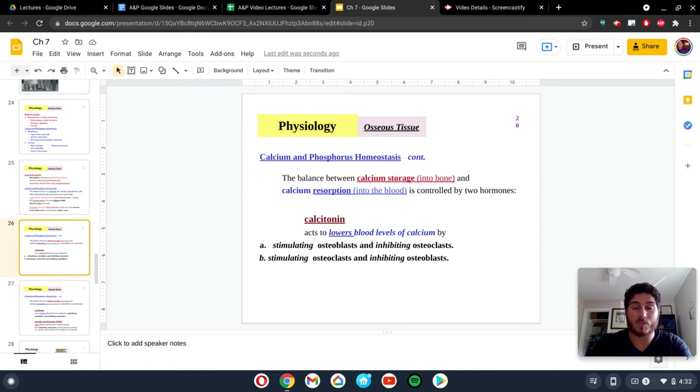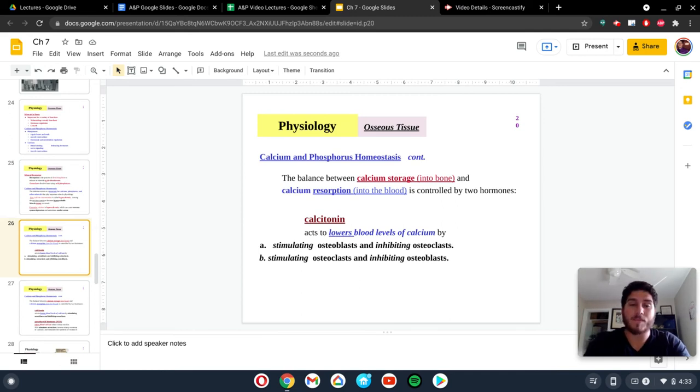This is a common theme in this class: people can memorize a lot of the terms and think they understand what they mean, but really they're just memorizing the term. It doesn't mean they understand what it does, they just know what the word means. Example, calcitonin. Job: lower blood levels of calcium in the body.